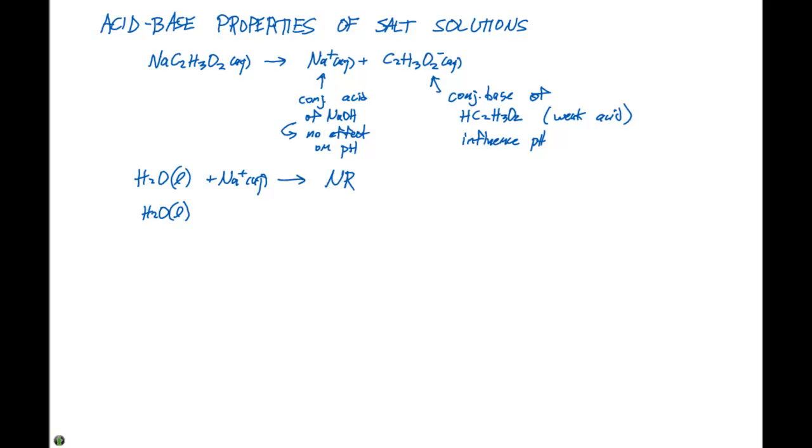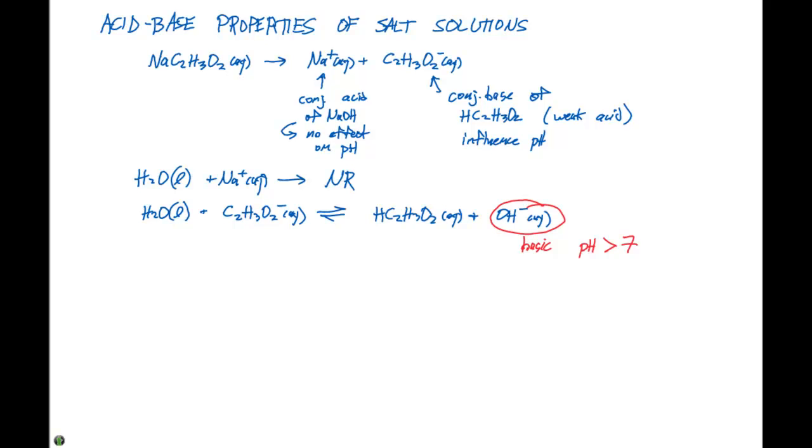On the other hand, if we take water and place acetate ions in that solution, we're going to have an equilibrium with HC2H3O2 plus OH minus. Here, our OH minus ions are going to make the solution basic, and our pH is going to be greater than 7. So this particular salt solution is going to be basic.